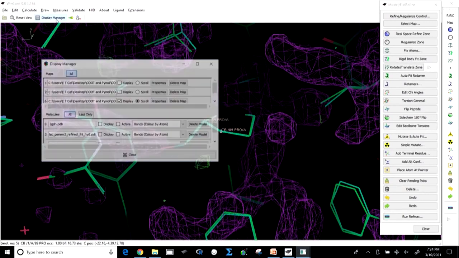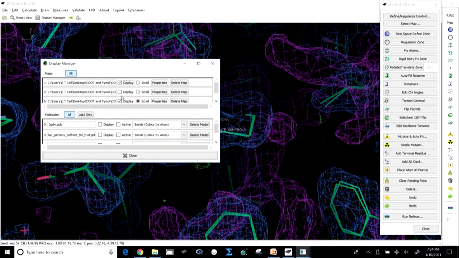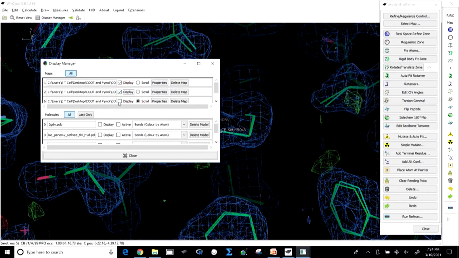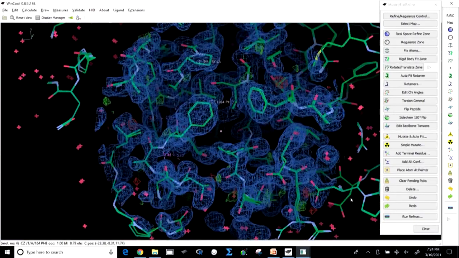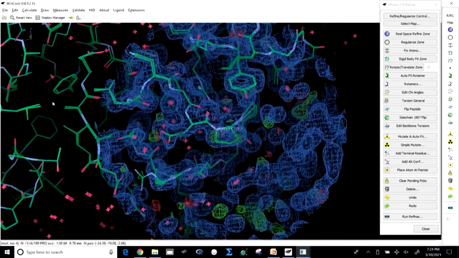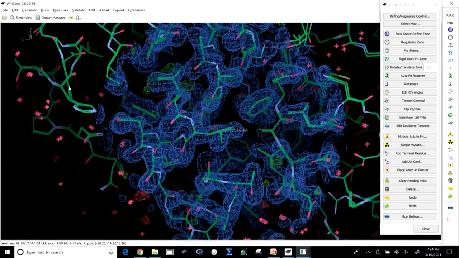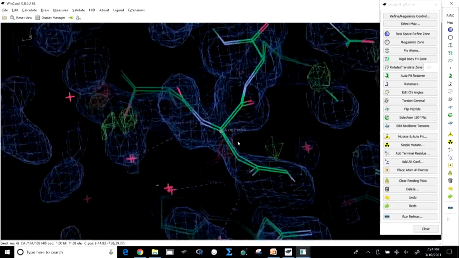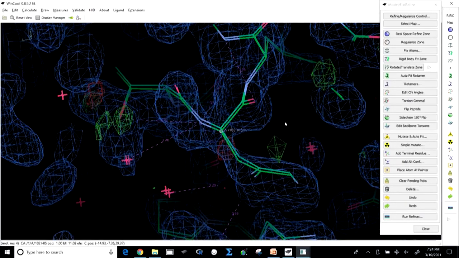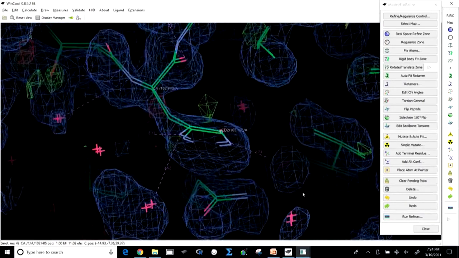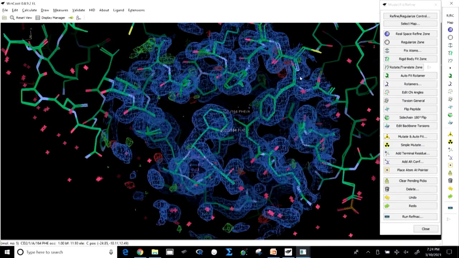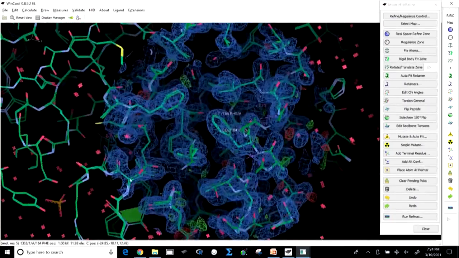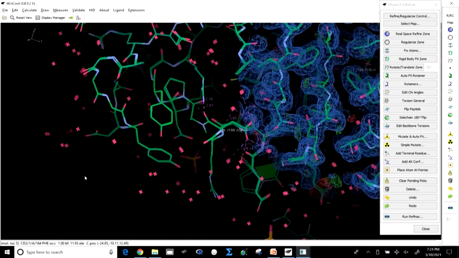So, you could only see them with respect to the initial map, because they have aligned based on that structure. So, you can move the PDB file, you cannot move the MTZ file.